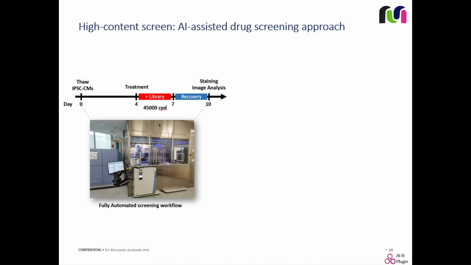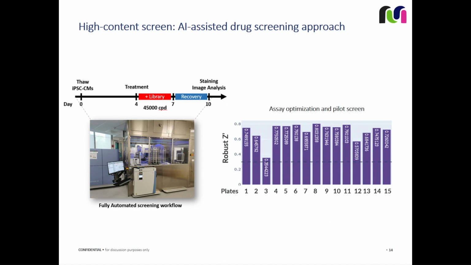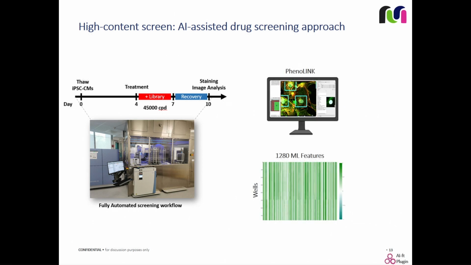We have a protocol which is 10 days, and at day 4 we have a library where we treat 45,000 compounds. 7,000 of them are bioactive, the rest are diverse. We have a small recovery, and we feed it to our software.